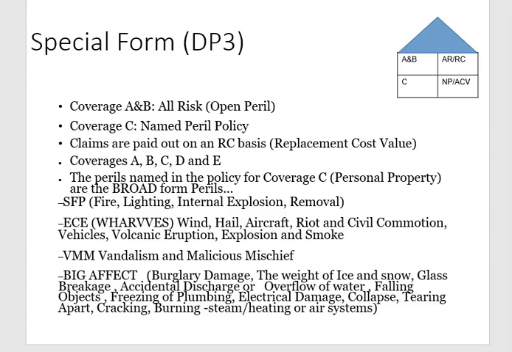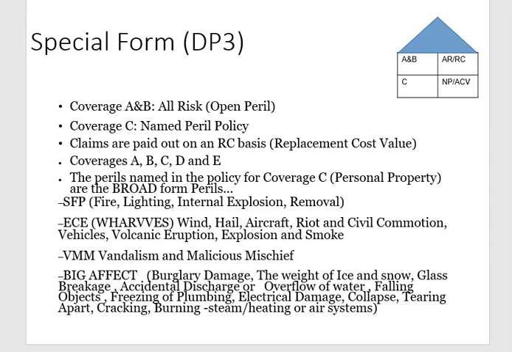So the named peril policies that are listed in DP2 are the same perils that are going to be covered in Part C of a dwelling policy for DP3. Remember, in the DP2, you had your basic standard fire policy perils, you had extended coverage endorsement perils, which were your WHARVES, you had VMM, vandalism and malicious mischief, and you had the acronym BIG EFFECT.